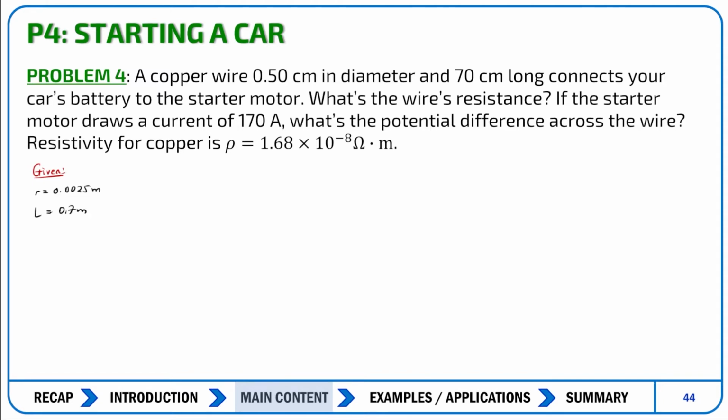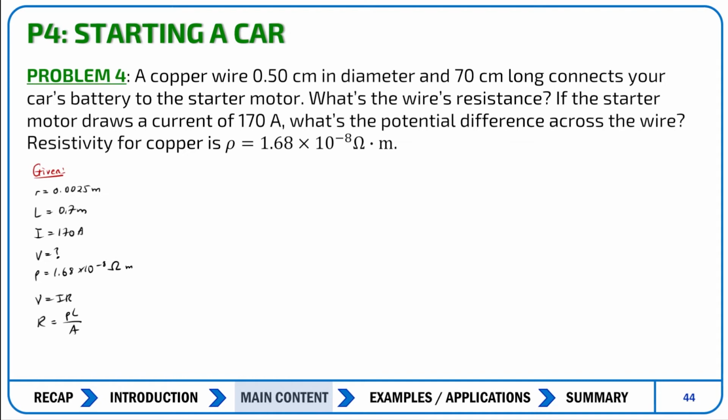I'm always trying to change to SI units if I can. I is equal to 170 amps. We have no idea what V is, and that's what we're trying to find. Rho is 1.68 times 10 to the negative 8 ohm meters. We know V is equal to IR, and we know R is equal to rho L over A.